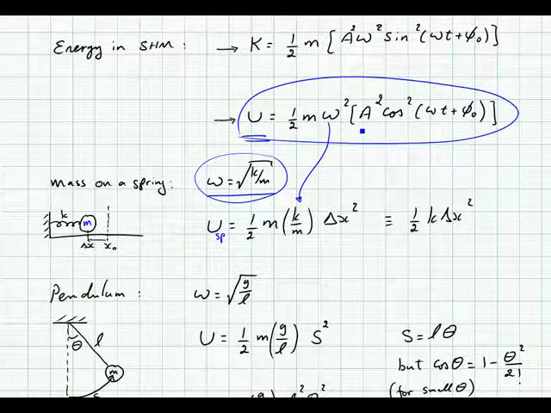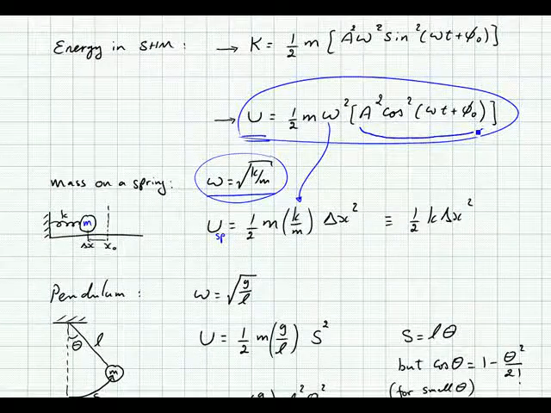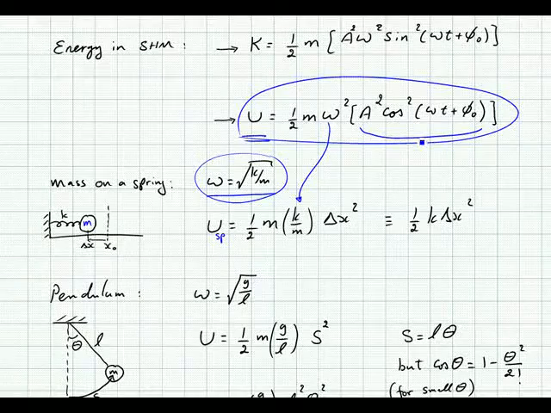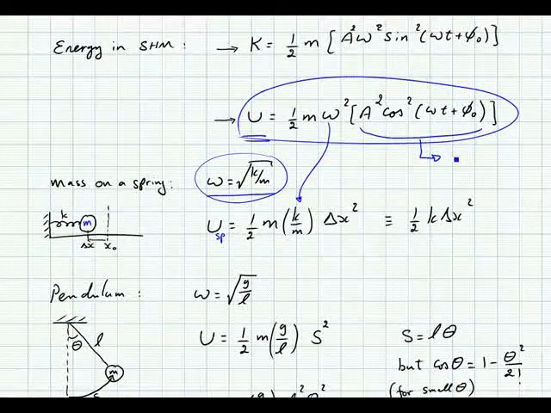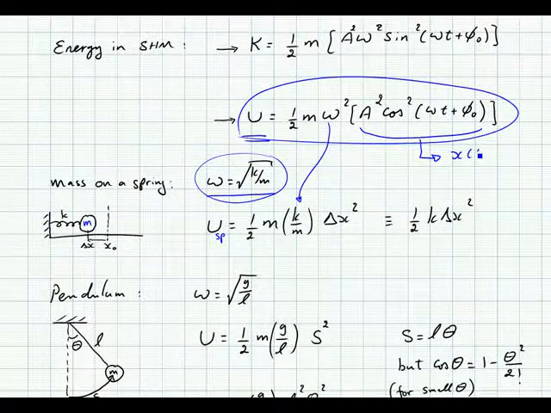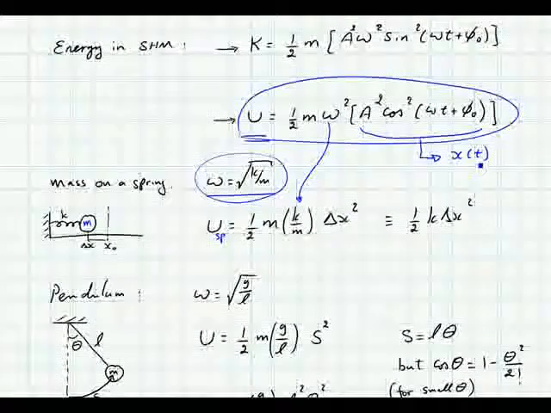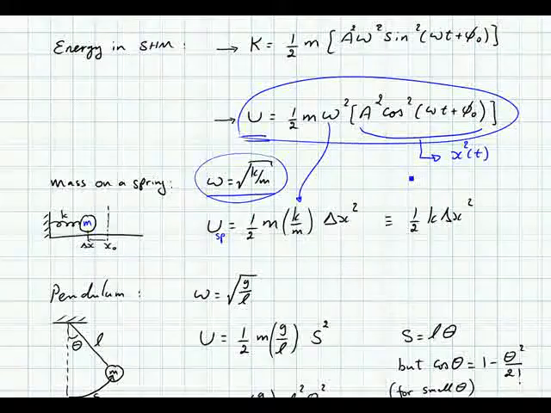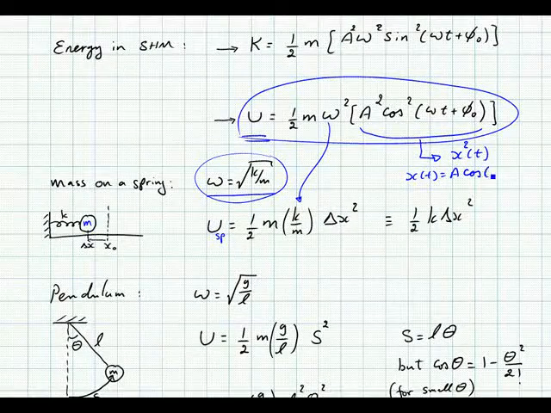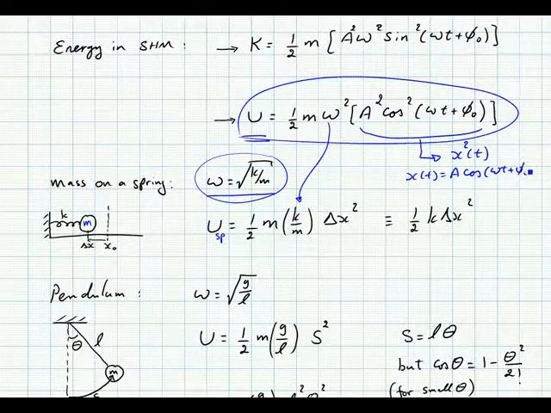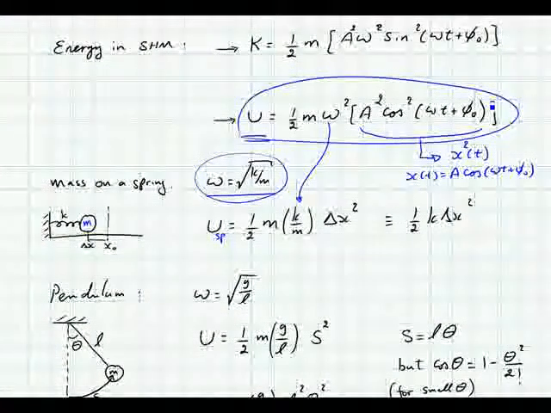And as you know, this expression here, a squared cosine squared of omega t plus phi naught, is simply the position squared for the simple harmonic oscillator. If you recall, x of t is equal to a cosine of omega t plus phi naught. So what I have in the square brackets here is simply position squared.